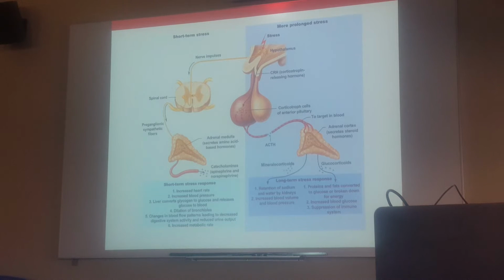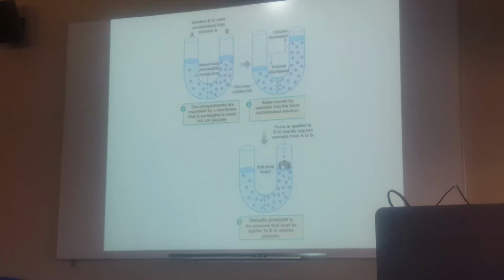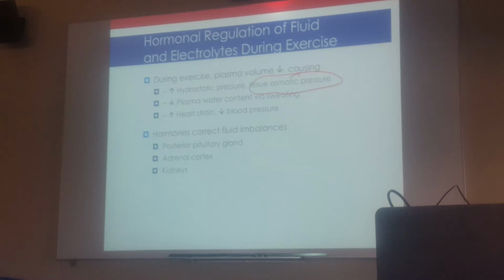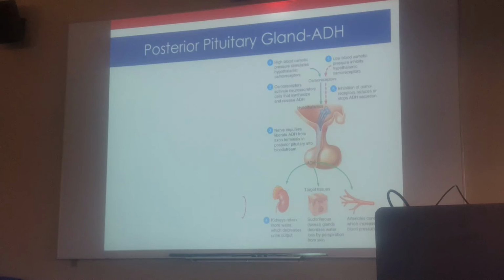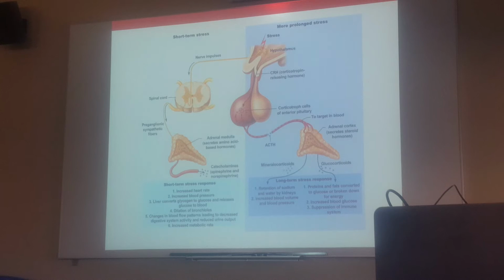So now we're going to look into the other ones that we were talking about with regards to this slide back here, which was the adrenal cortex. We're going to look at the adrenal glands and specifically what the adrenal glands do in regards to the hormones and what their functions are, okay?